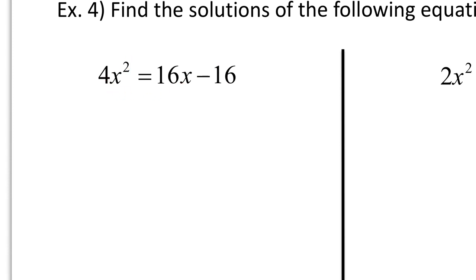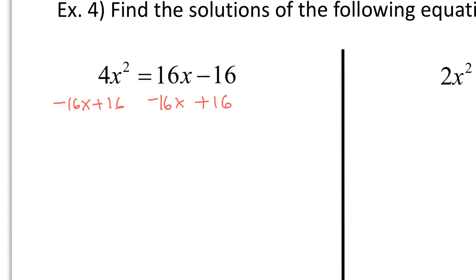You can do that, but you're going to have to subtract 4x squared. I don't like to have that negative a value, so I'm just going to do the opposite. So I'm going to subtract 16x, and I'm going to add 16 over here.